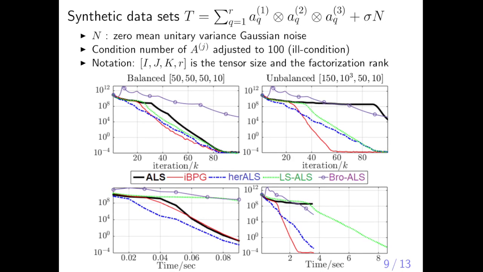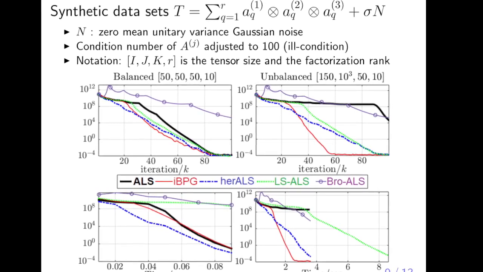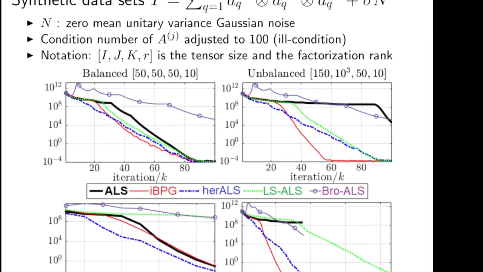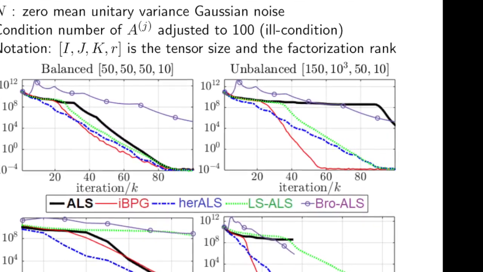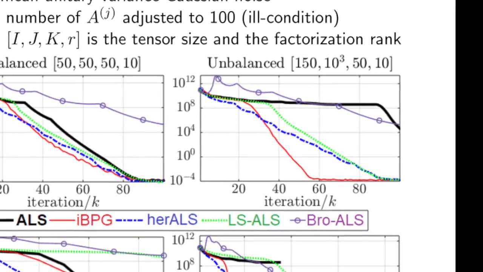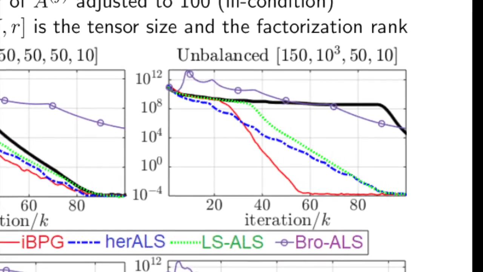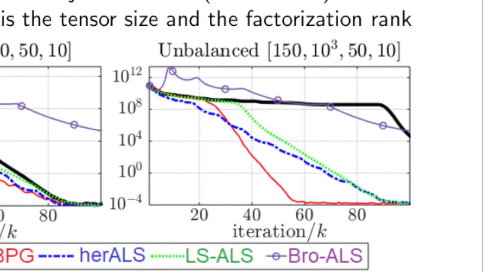Also, because the data is ill-conditioned, for the unbalanced case, that means the right column, we can see that for ALS, the thick black curve, it goes down very slowly for a very long time. This demonstrates that the variable for the ALS actually got stuck in a swamp.